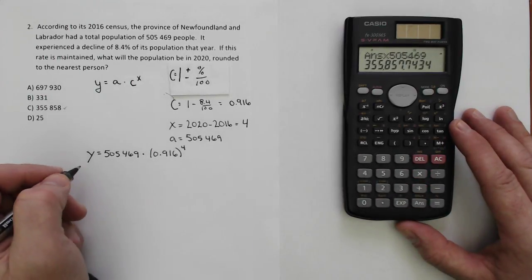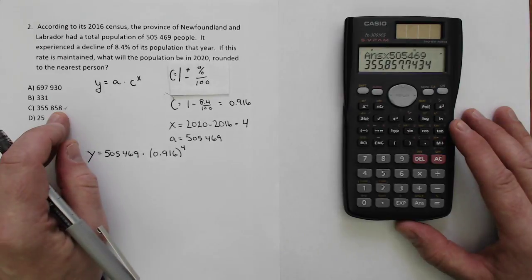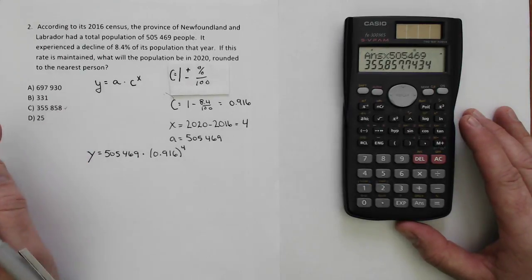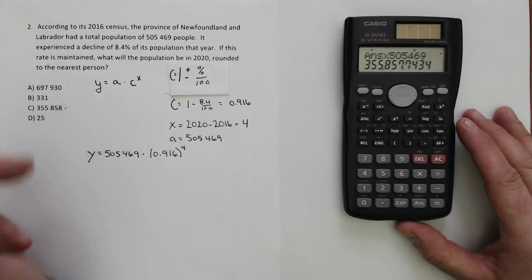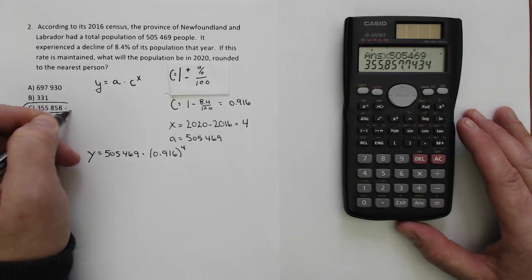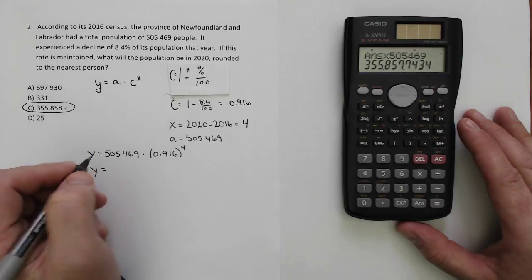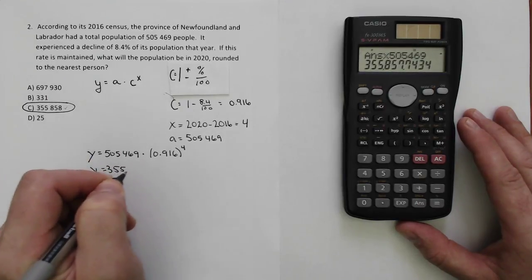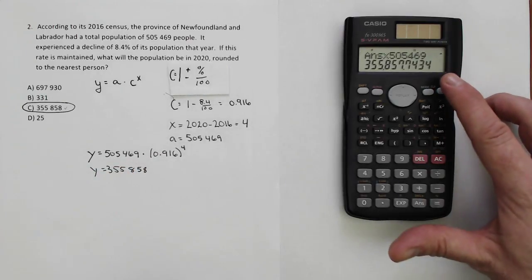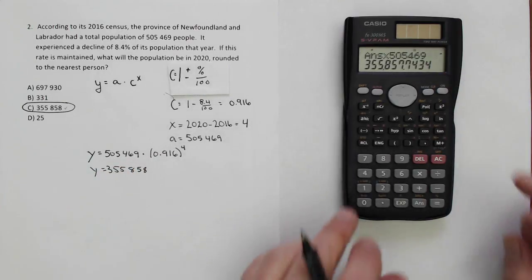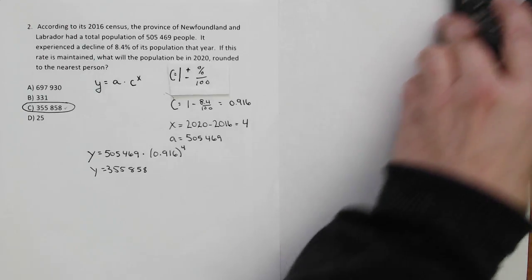And that's going to give me 355,857.7, which of course rounds off to 58. So my answer is C, y equals 355,858.